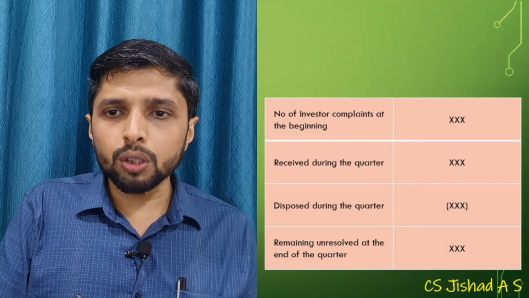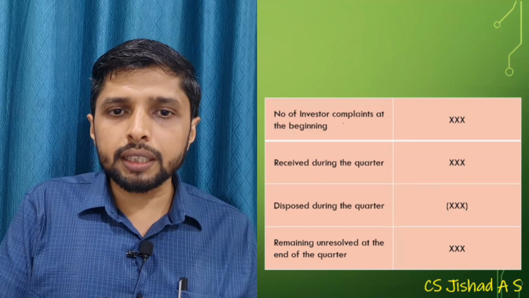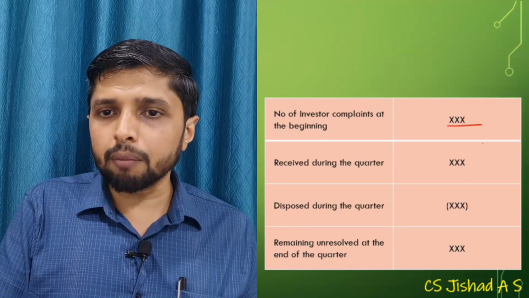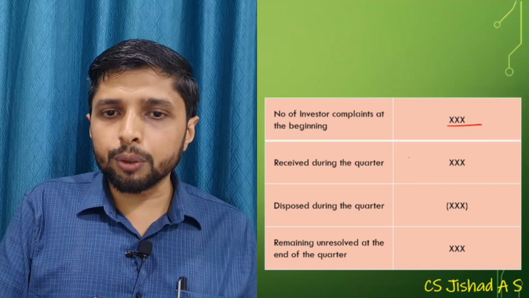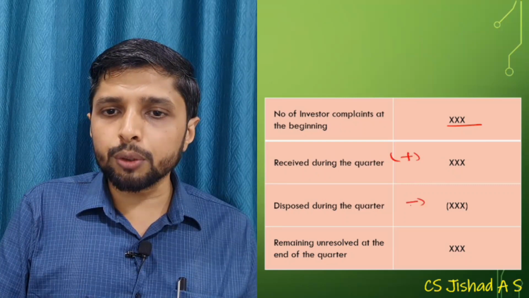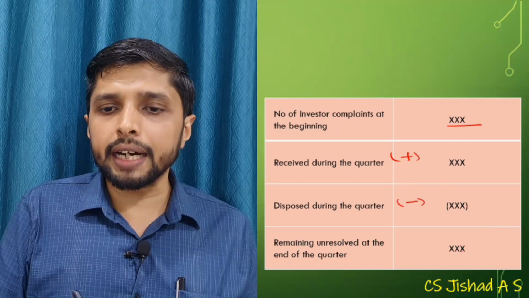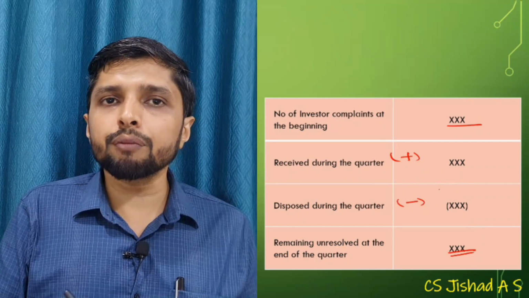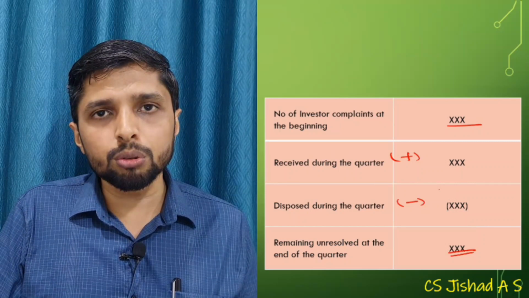They have to show the number of investor complaints at the beginning of the quarter. So outstanding complaints, then received during the quarter will have to be added to that, then disposed during the quarter will have to be deducted, and the remaining figure, after adding and deducting, will have to be submitted to the stock exchange.